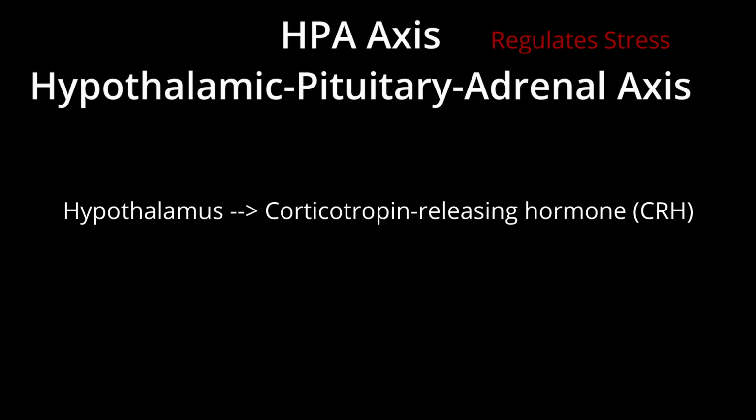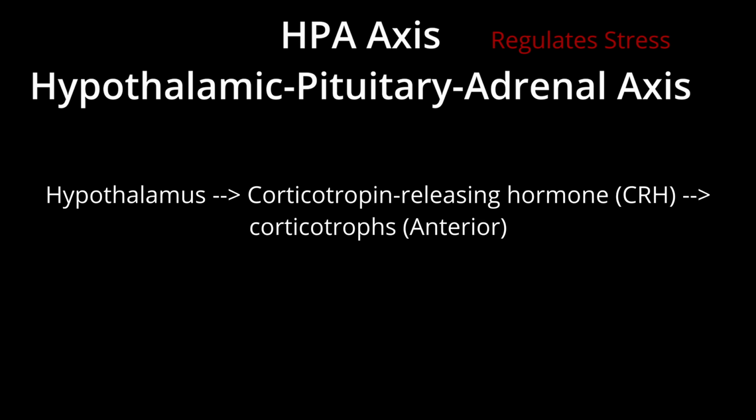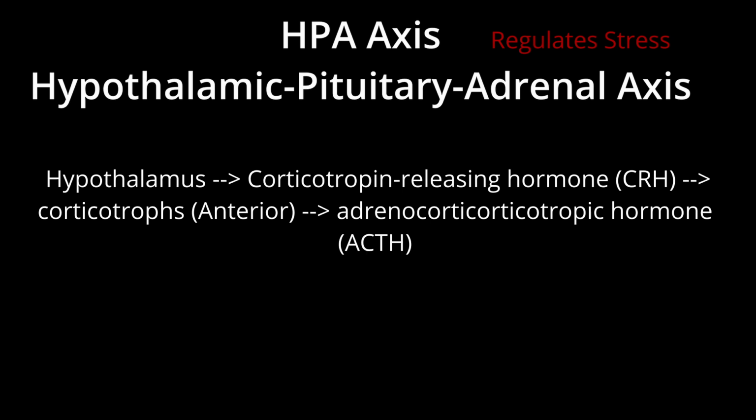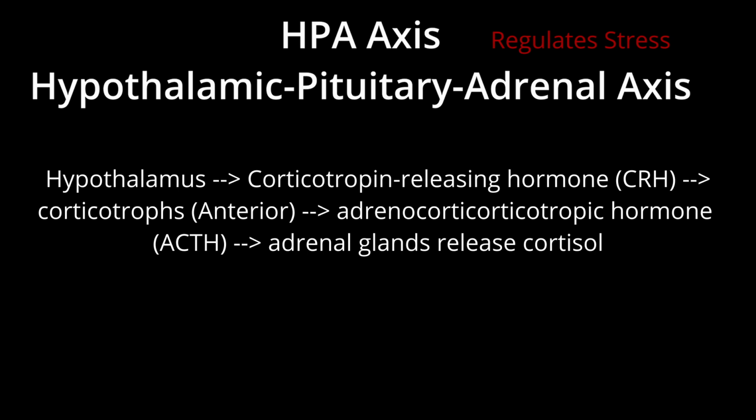This one ties in with the HPA axis, the hypothalamic pituitary adrenal axis, which regulates stress. Basically, the hypothalamus releases corticotropin releasing hormone, CRH. CRH activates corticotrophs. Corticotrophs release adrenocorticotropic hormone, ACTH. This allows the adrenal glands to release cortisol.